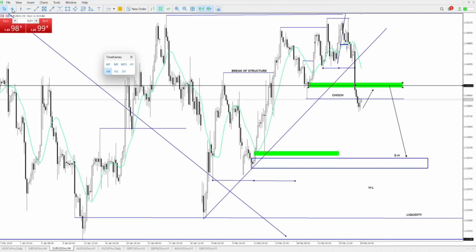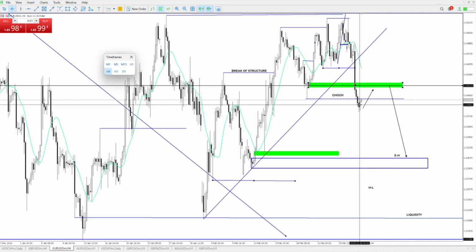Let me see what's the price code. 1.03132, because here is a liquidity at this point. Price is definitely coming down to clear this liquidity. Now, this is our buy entry. This is where we're looking forward to buy Euro USD from. But before the buy will happen, price has to come down.